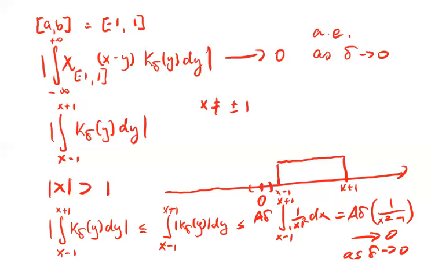Okay, now we have to only look at one other case. Actually, two more cases. Okay, next case. Actually, it is just one case. You have the origin here, and you have this situation, x minus 1, x plus 1, right? And then you choose delta small enough.